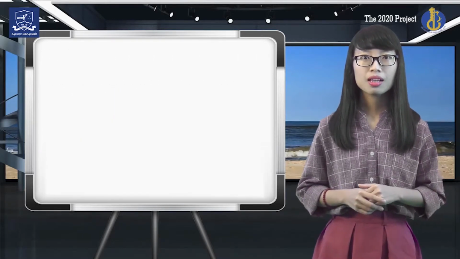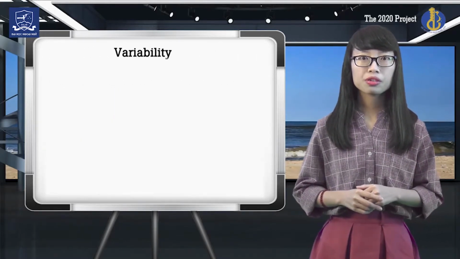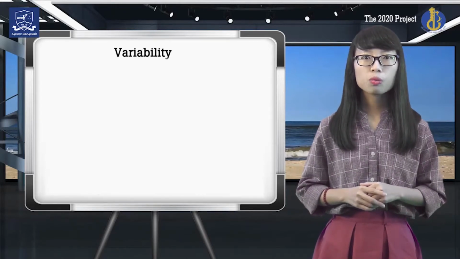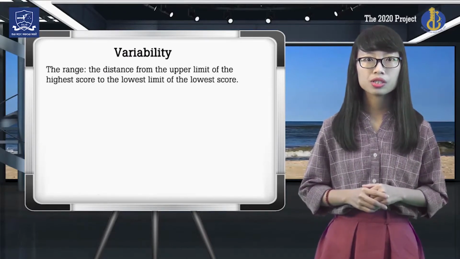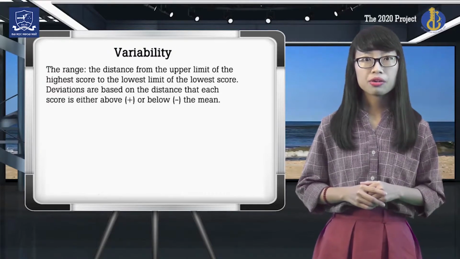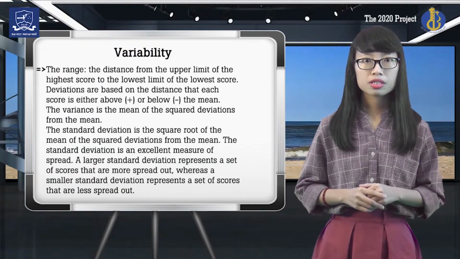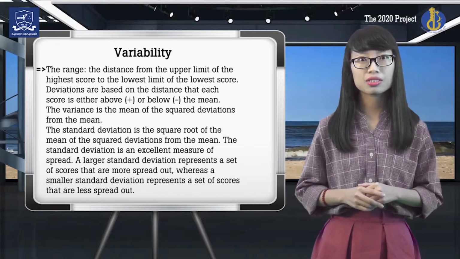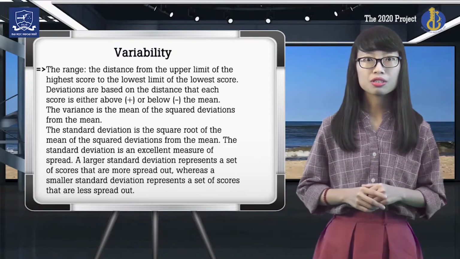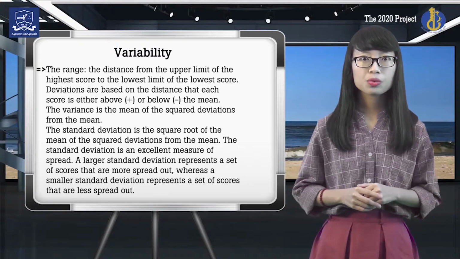Lastly, we come to variability, which is normally concerned with the range, deviations, variance, and the standard deviation. The first concept to mention is the range, which is the distance from the highest score to the lowest score.